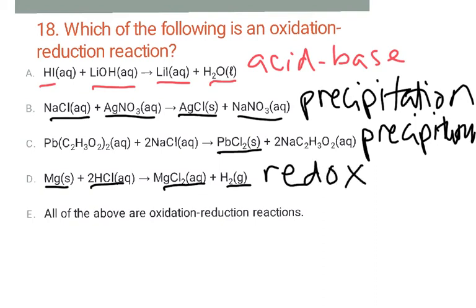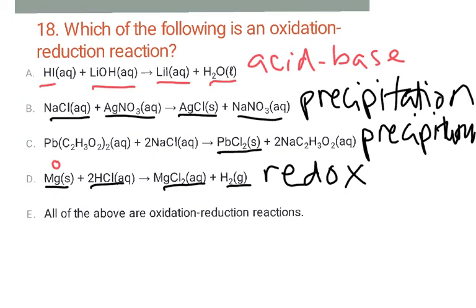And you can confirm that it's a redox reaction because you can look and see if something gained or lost electrons. For example, magnesium here has a zero oxidation state, right? Because it's just the magnesium metal by itself. It's the element by itself. Over here on the right-hand side, you have magnesium chloride. Magnesium chloride is aqueous. That means it's dissolved in some water. So that means that that magnesium in there is an ion. So you have Mg2+.